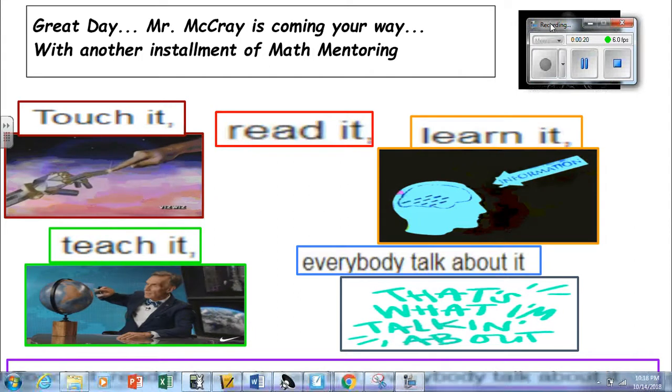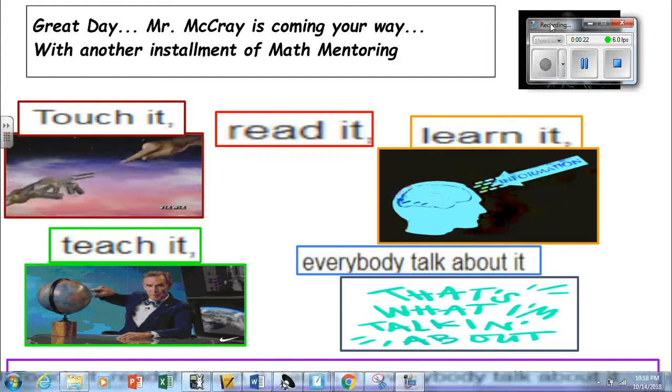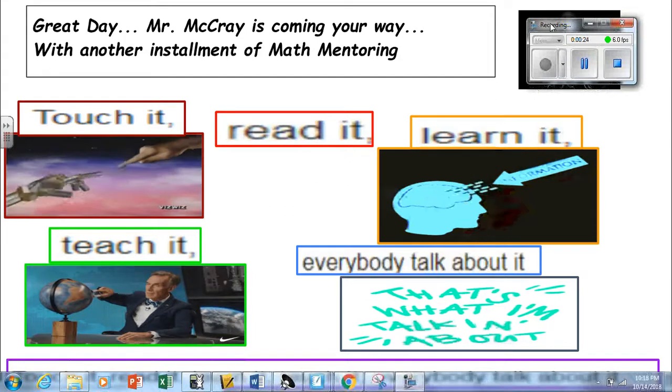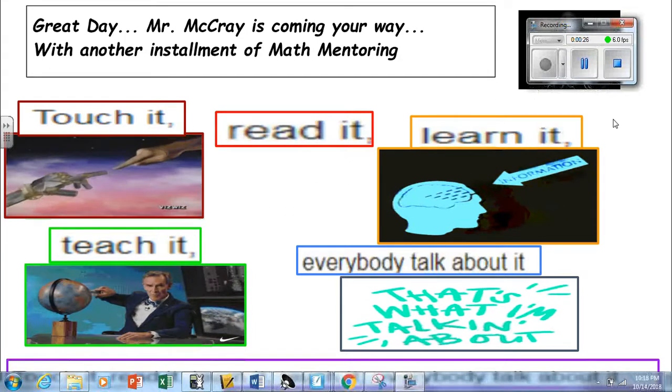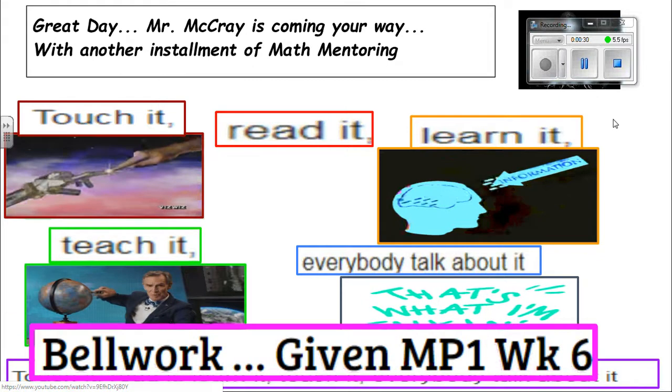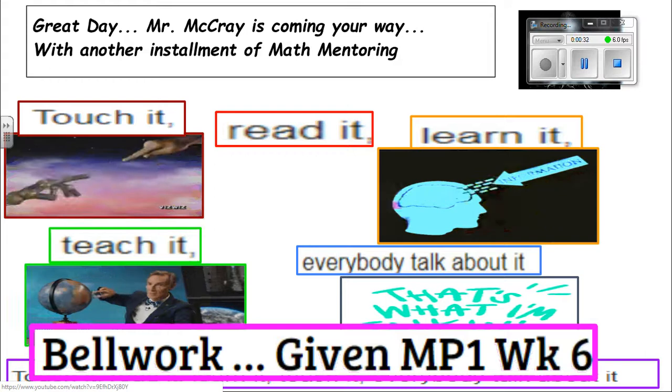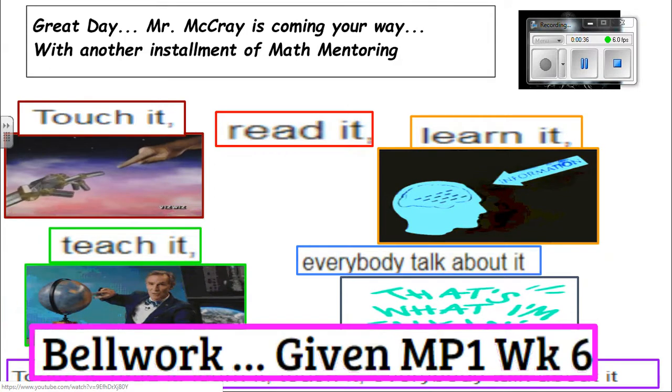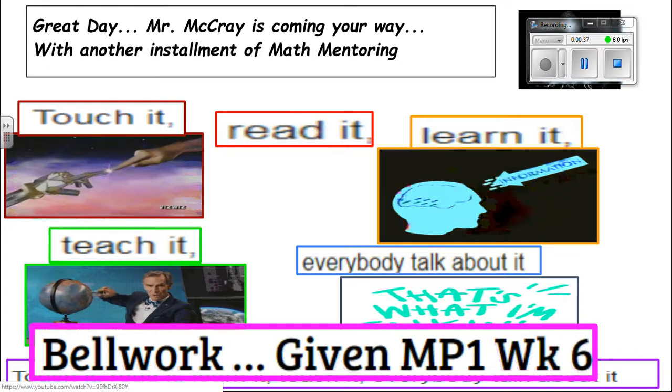Great day. Mr. McCray coming your way with another installment of Math Mentoring. Our focus today is going to be the bell work that was given out in week 6. As you remember, this was a short week.